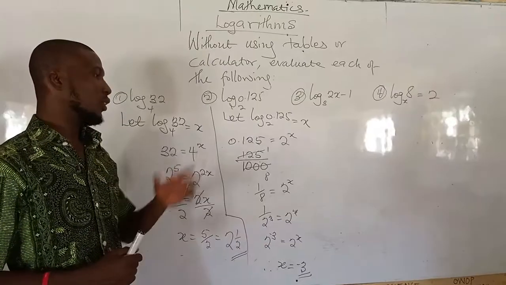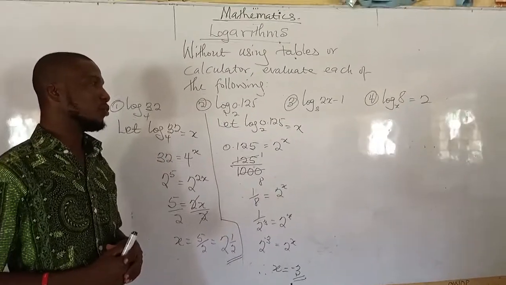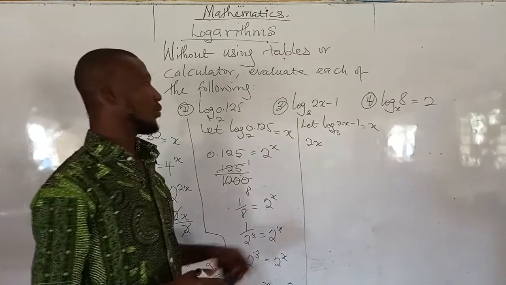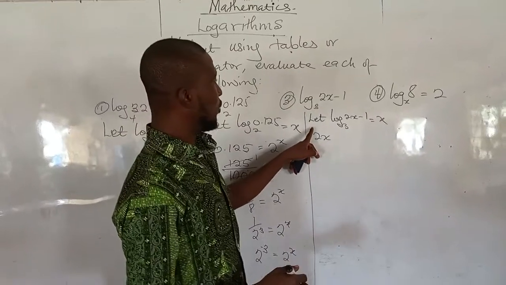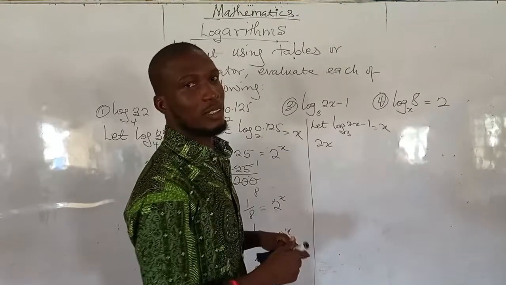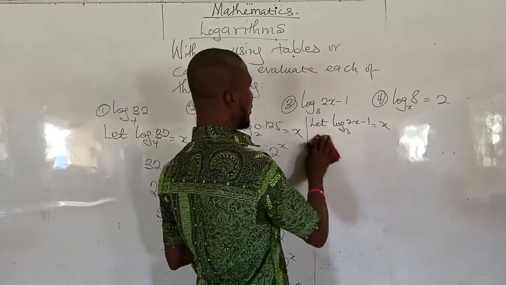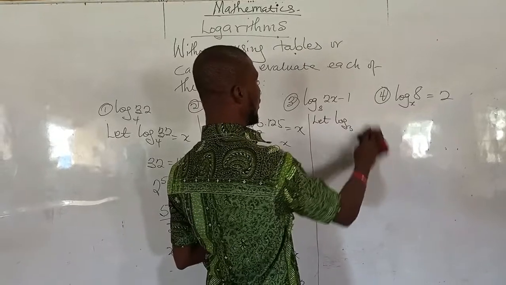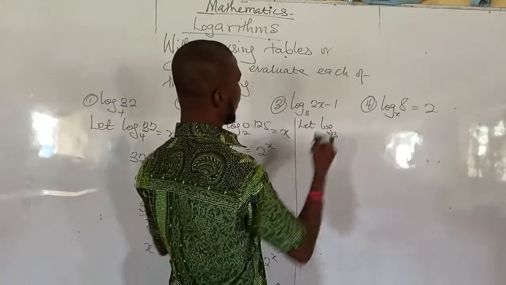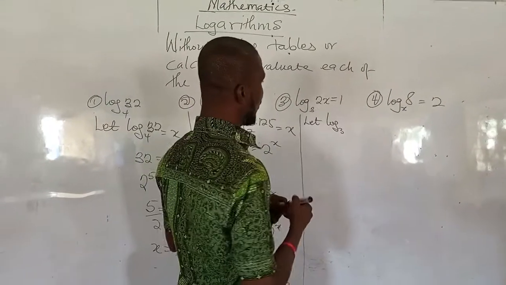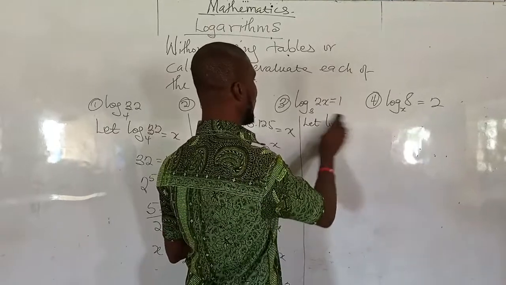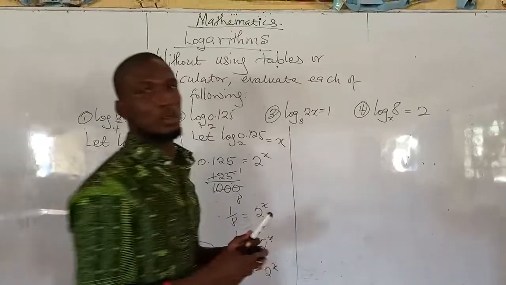Let's quickly go to our example 3. Alright, so this is supposed to be 2x equals 1. Therefore, there's a little mistake in the question here. So let me just take the whole thing again.